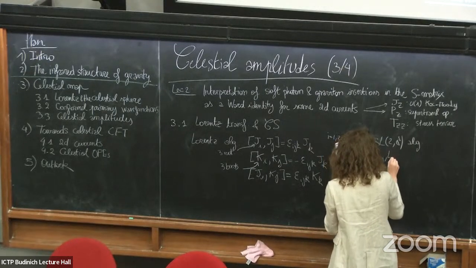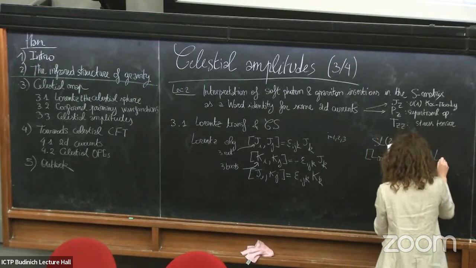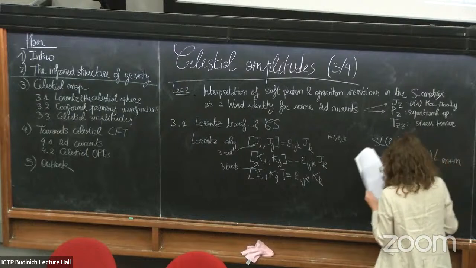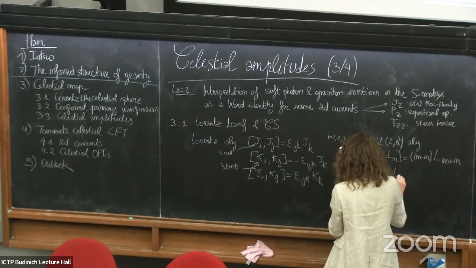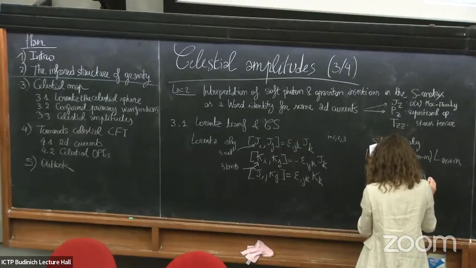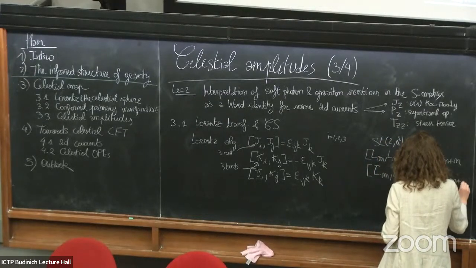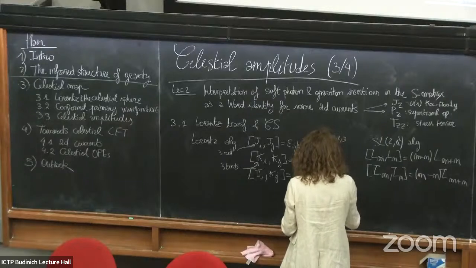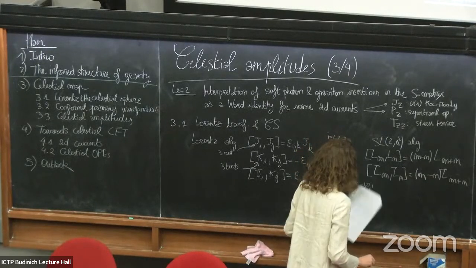So the Lorentz generators are here denoted by the usual L_m modes, and this is their commutation relation, where m and n are also -1, 0, 1.